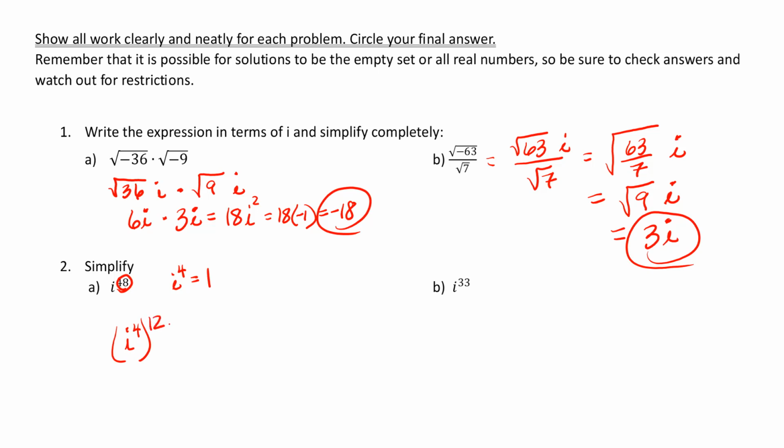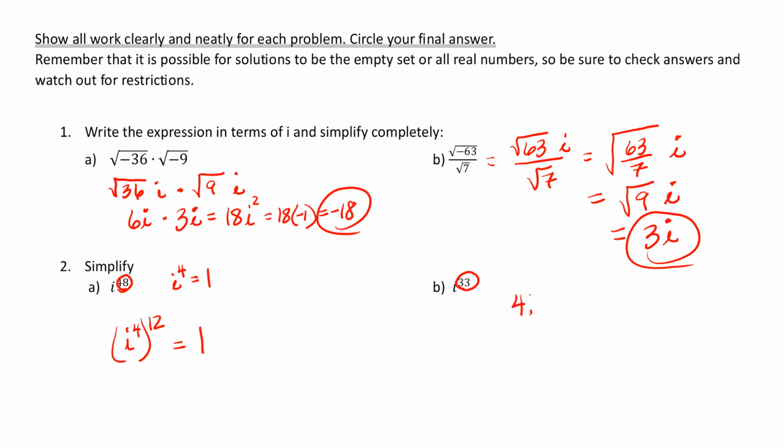So you divide 48 by 4, and you get 12, a whole number, and we know that there are 12 i to the 4ths here: i to the 4th times i to the 4th times i to the 4th, and so on, up to 12, and i to the 4th is just 1. 1 times 1 times 1 times 1, 12 times is still 1.